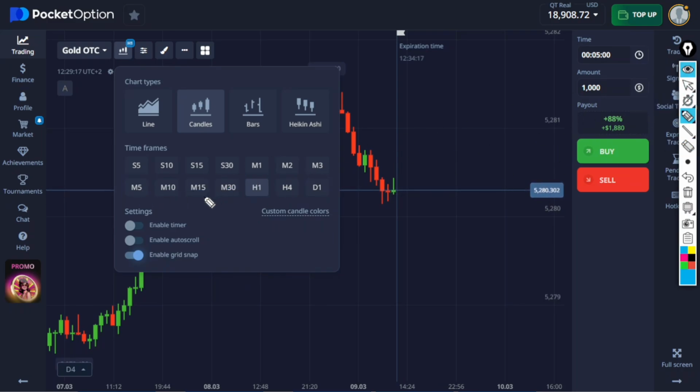If you're marking up your zones on the 15-minute time frame, you want to drop down to the 2-minute time frame to look for entries. And if you're marking up your zones on the 5-minute time frame, you want to drop down to the 1-minute time frame to look for entries.